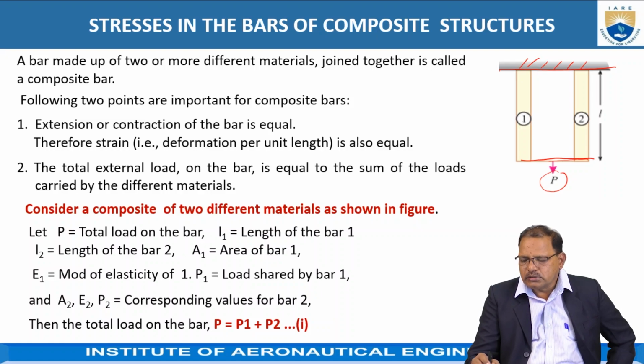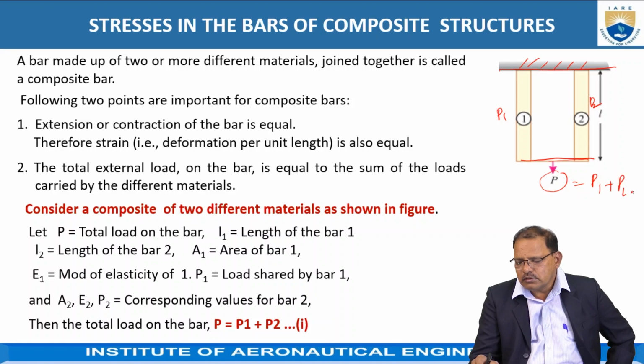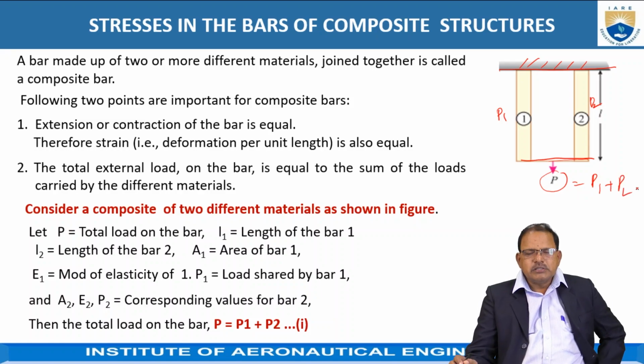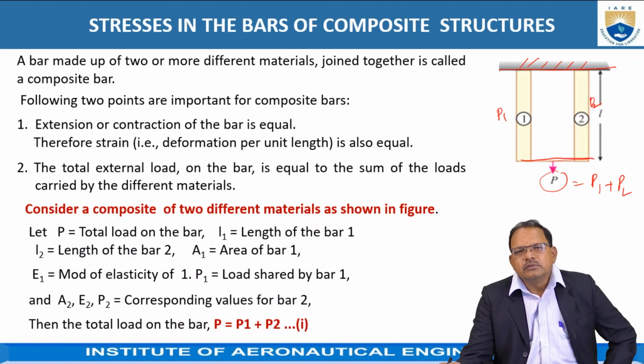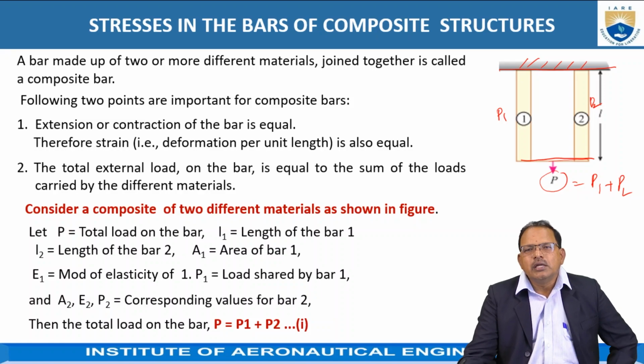That is, the total load P can be written as P1 plus P2. That means when it is subjected to external forces, it is shared such that the sum of the load shared by each bar is equal to the total load, and the elongation produced in each bar is always equal.